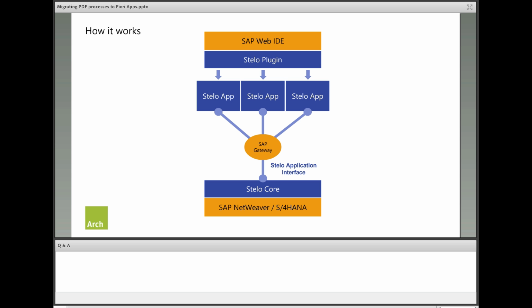Of course, if you already have gateway services, these can be consumed by the StayLow app too, because everything is 100% standard Fiori. I'm not going to go into any more technical details today, but I'll be very happy to follow up on any technical questions after today's session.